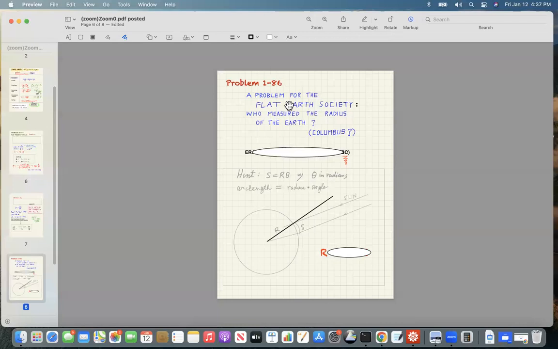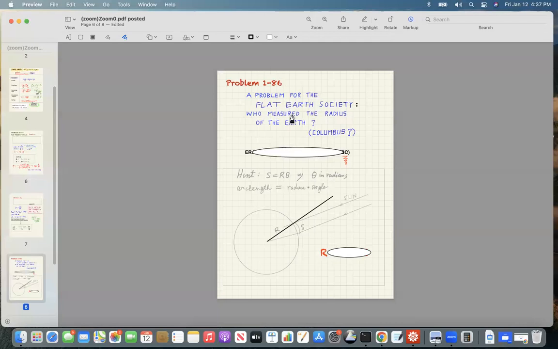But who measured the size of it? You know, when Christopher Columbus sailed west on the Atlantic Ocean, the people told him, Christopher, don't sail west. You'll come to the edge of the Earth. You'll fall off the edge of the Earth because the Earth is flat.